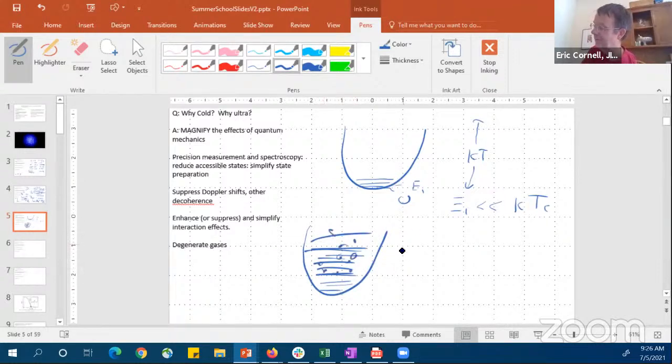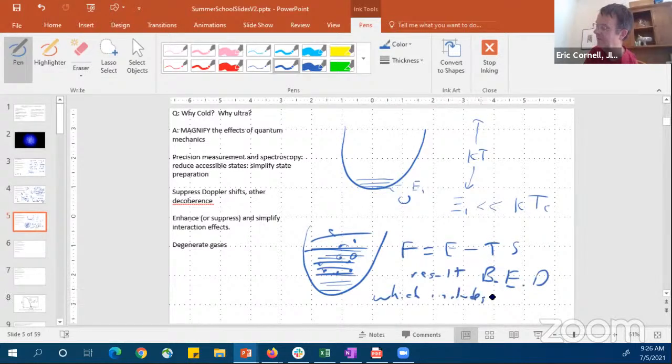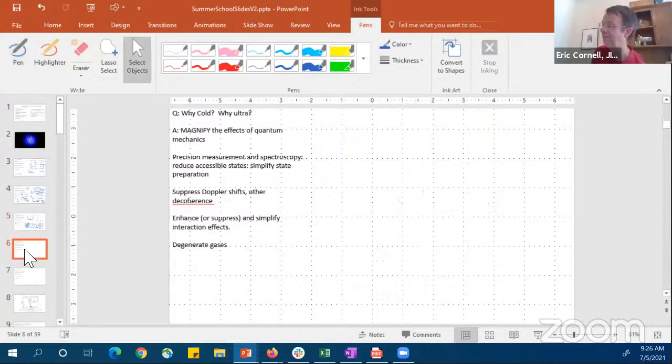If we organize these atoms in such a way as to minimize the free energy, the result is the Bose-Einstein distribution, which includes the Bose-Einstein condensate appearing at this temperature. And the key here, where does the magic happen? The magic happens in the entropy, which of course has everything to do with how we count our states.